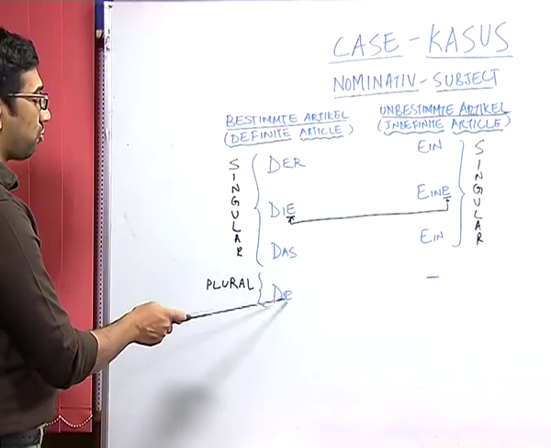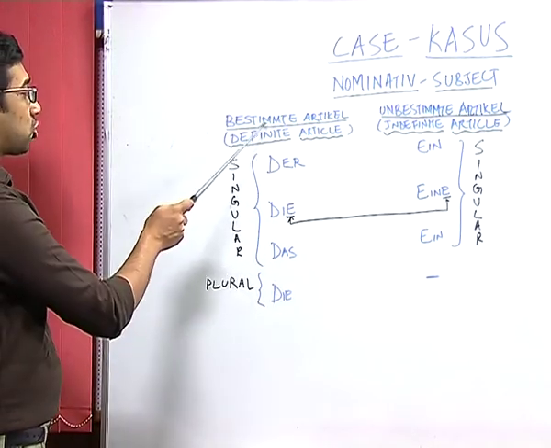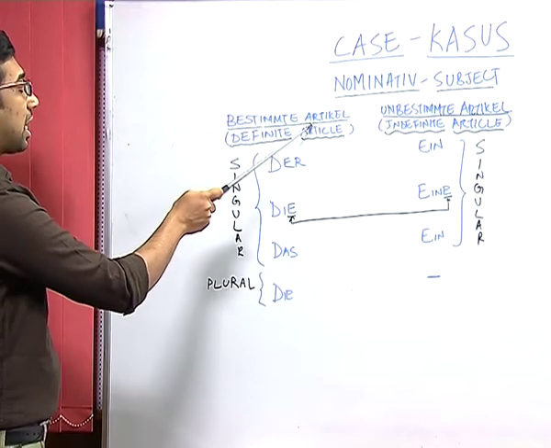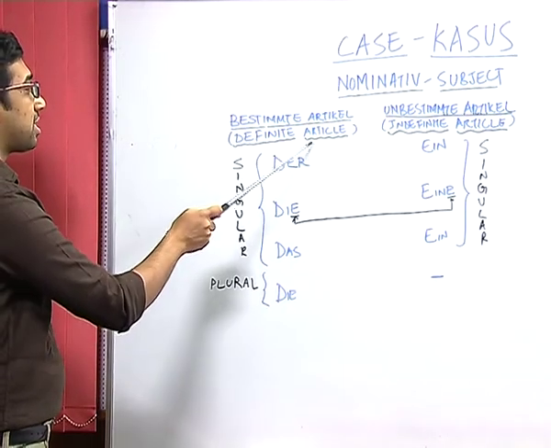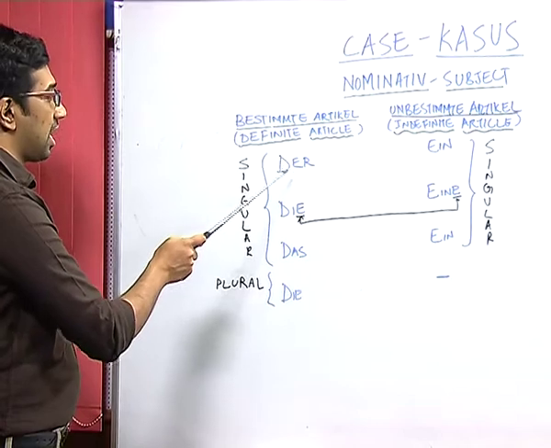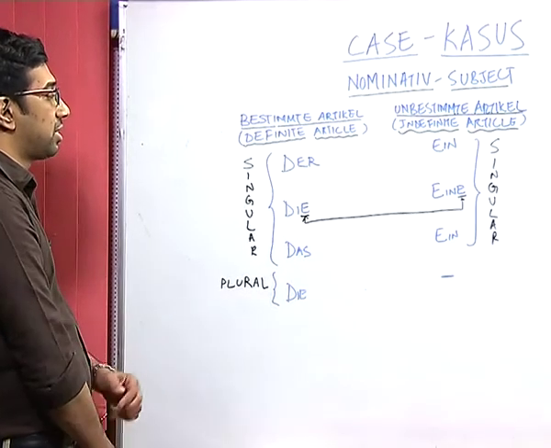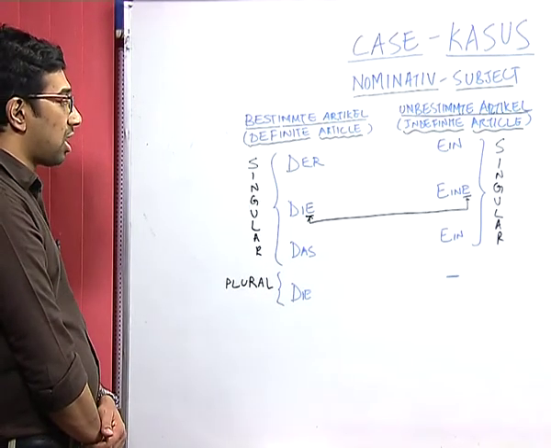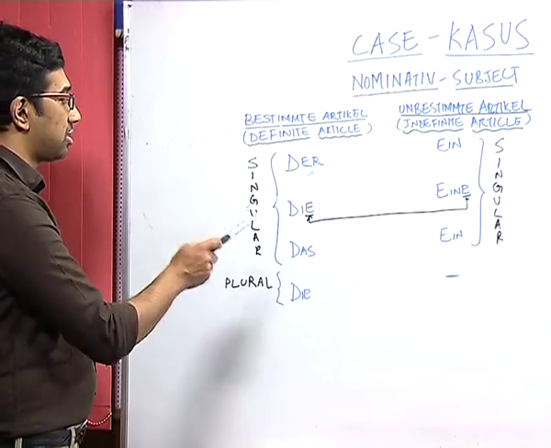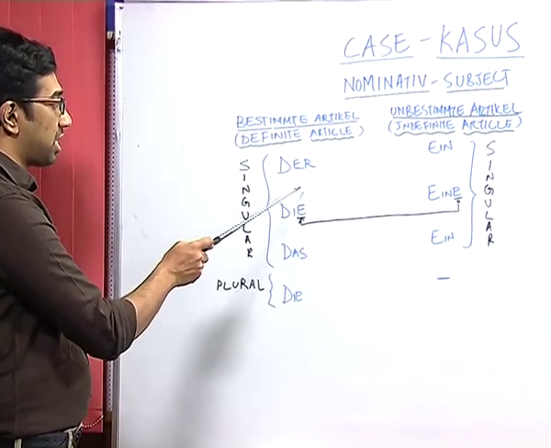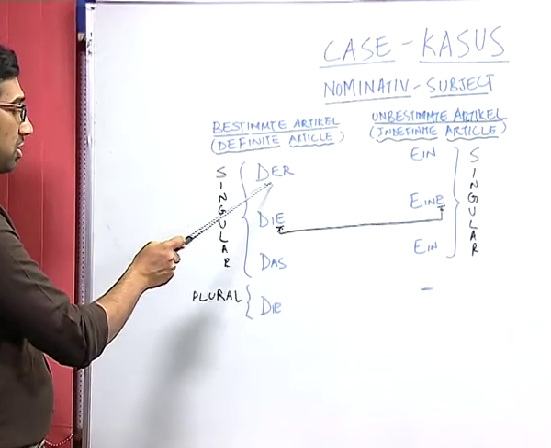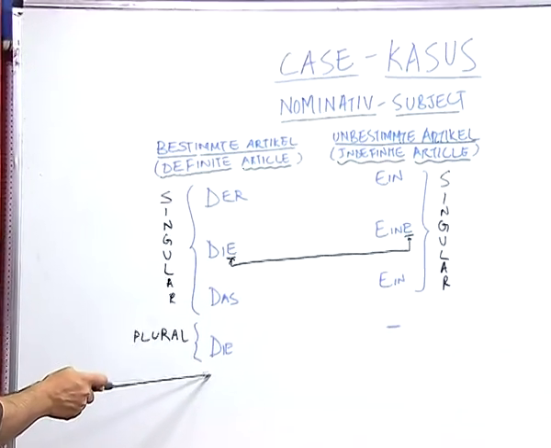This set of articles is called in German bestimmte Artikel, which means definite article, and in English we have the definite article the. However, in German we have more than one definite article, which are listed here.